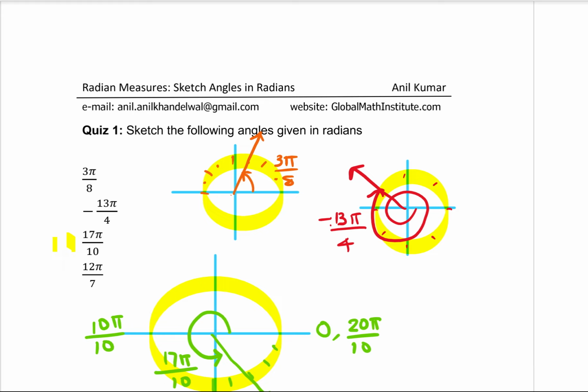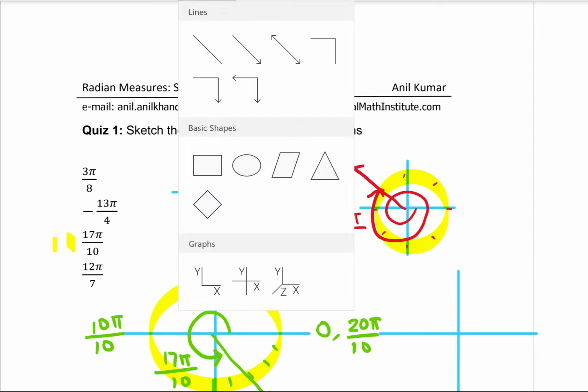The last one here is the question which says 12 pi by 7. How will you do 12 pi by 7? Tricky, right? Let's try this out over here. Now, I hope you got the answer.